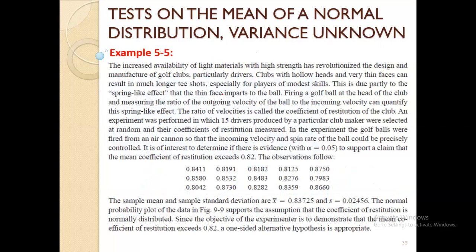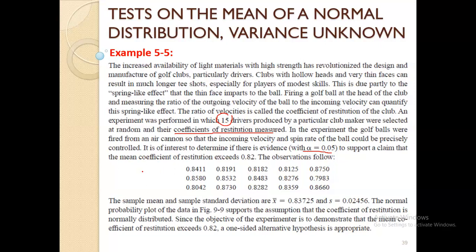We have a case about the strength, where the material is steel. I have 15 samples of the measured coefficient of restitution. We use the test based on alpha 0.05.